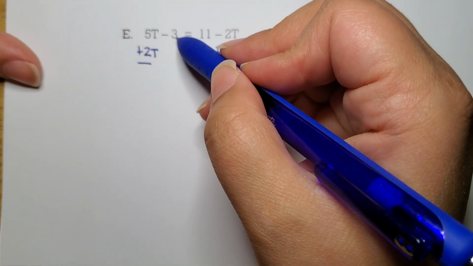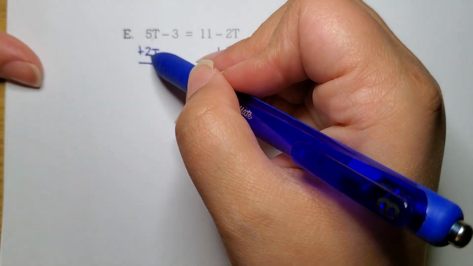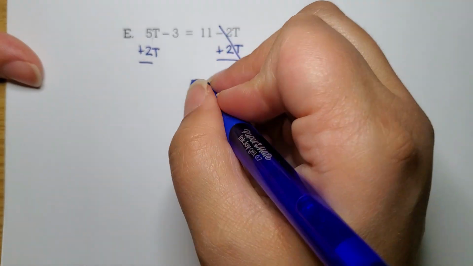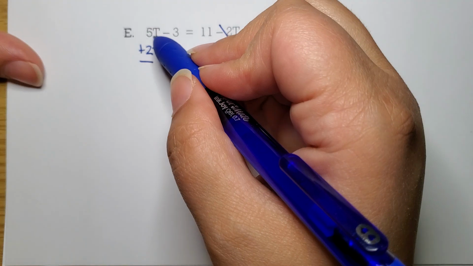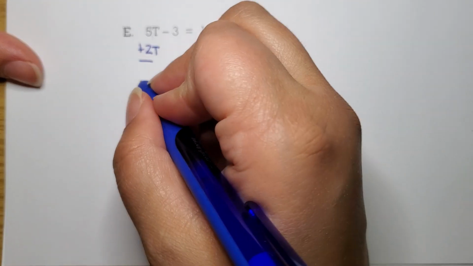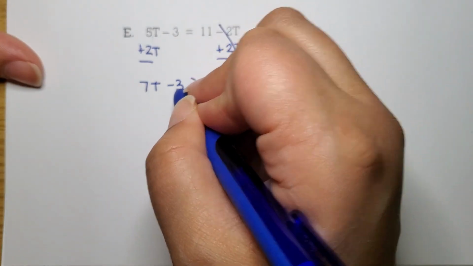So I'm not lining it up with the 3 because the 3 doesn't have a t. I'm making sure that this guy lines up with this one. That's going to give me just 11 on the right. And then 5t plus 2t is 7t. And then I can bring down the 3.